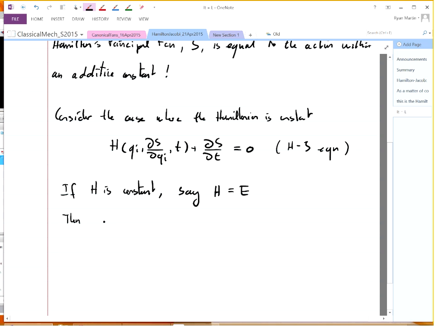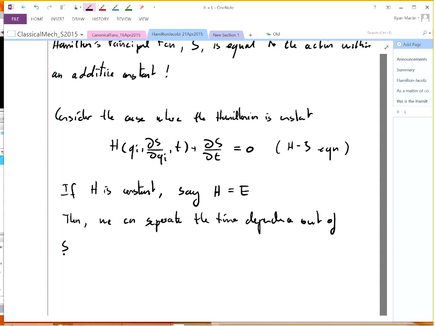If H is constant, then we can separate the time dependence out of S. So remember, just because H is constant doesn't mean that S is constant.